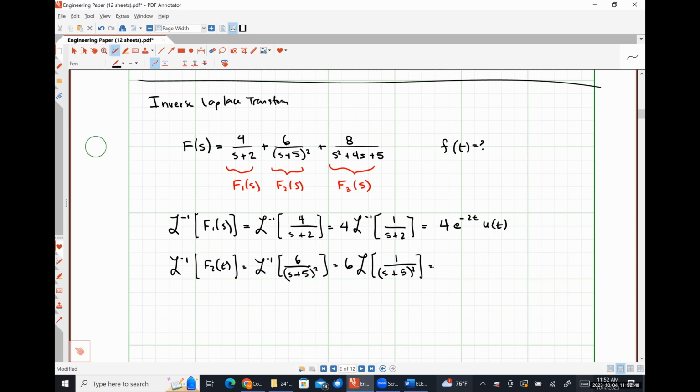So using the table, what is this one going to look like? There we go. T e to the negative 5t.